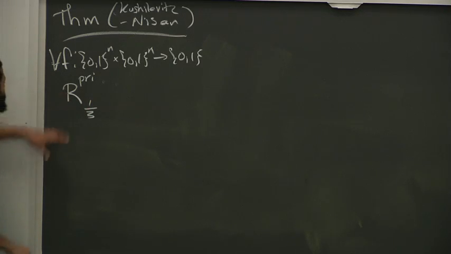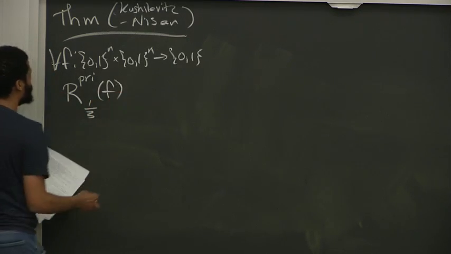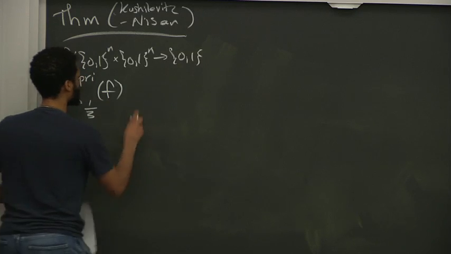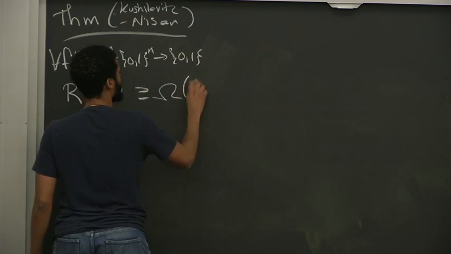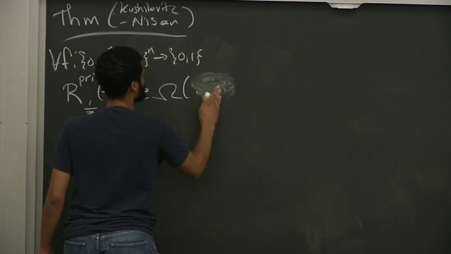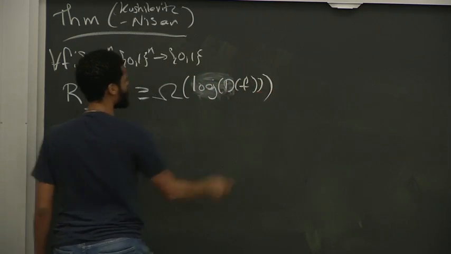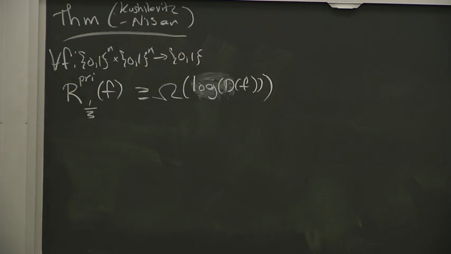So this is the communication cost of the best randomized protocol for f with private coins with 1/3 failure probability is at least omega the log of the deterministic complexity. Okay, that's a theorem.